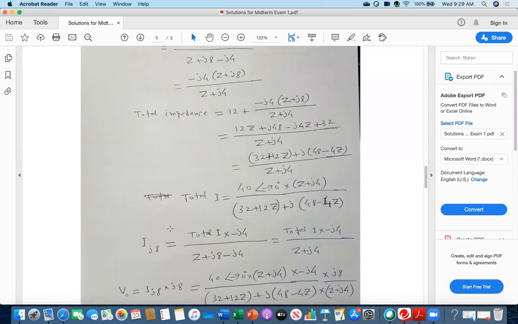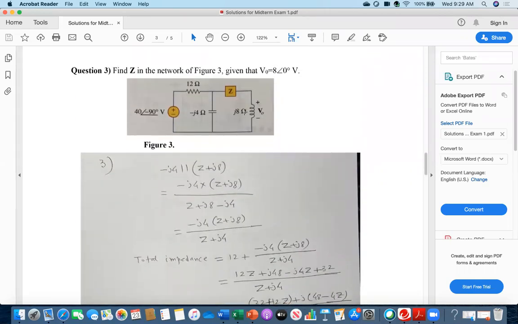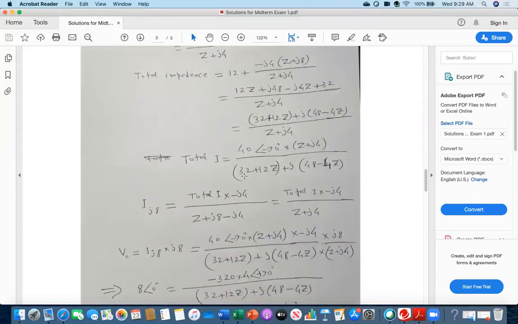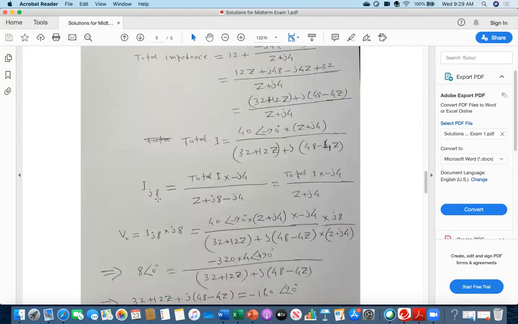And now your goal is to find out how much current is flowing through this J8. So apply the current divider rule here. This means the total current multiplied by this one and divided by this plus this one. Current divider rule. You see here, I J8 is the total current multiplied by that minus J4, divided by that total series impedance. This means total I times minus J4, and then in the denominator I wrote J plus J4.